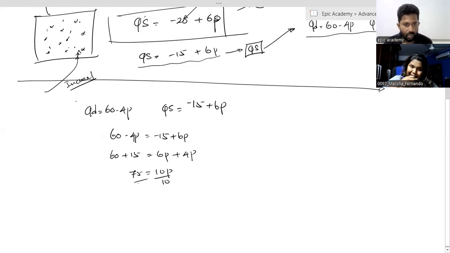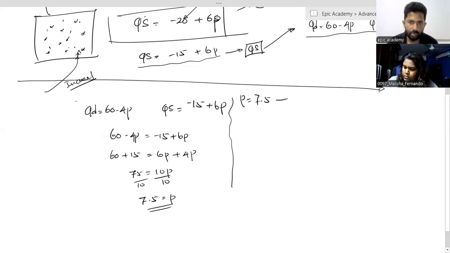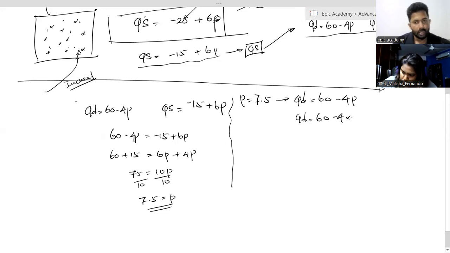You have to divide by 10, so price equals 7.5. Now I'm going to use that in the QD curve: QD equals 60 minus 4 multiplied by 7.5.